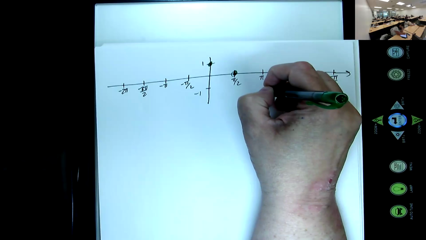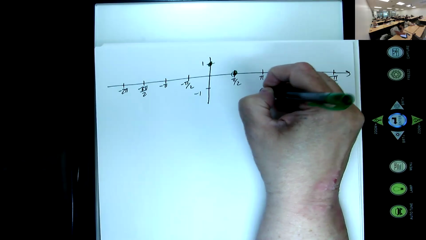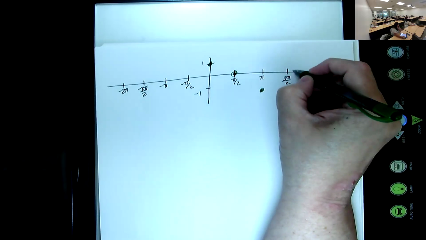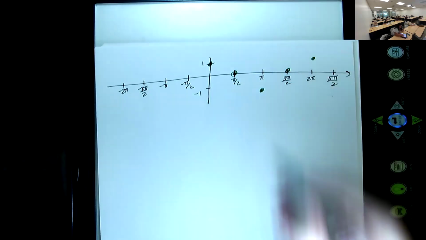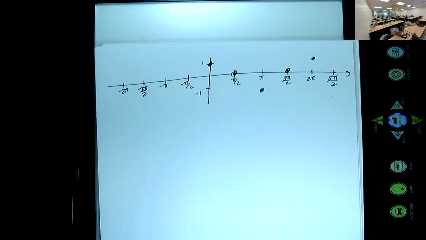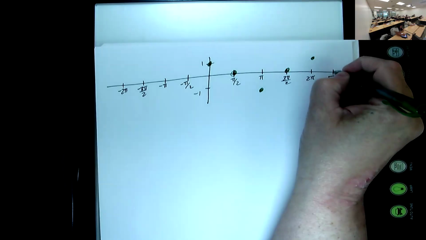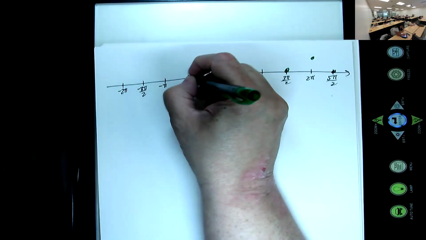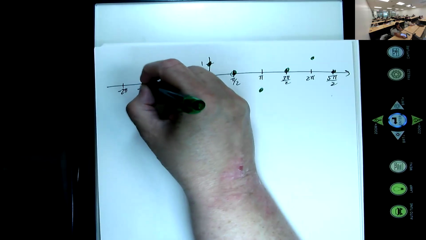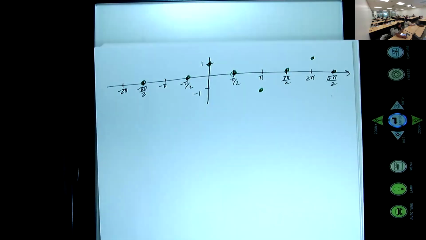Cosine of pi, -1, and you'll see we're going up and down, up and down. And we even said that every pi over 2 and then add pi, we were at 0. Those are our intercepts.